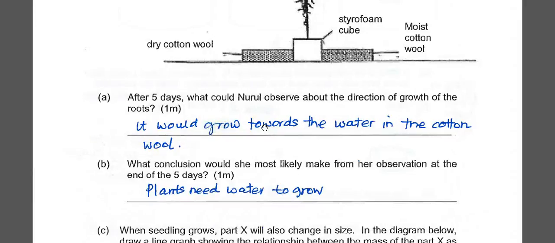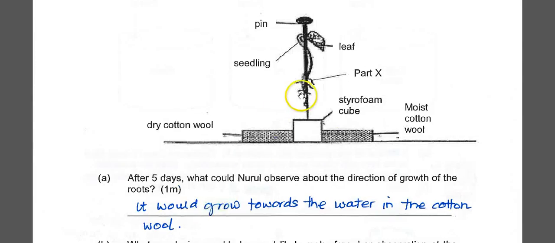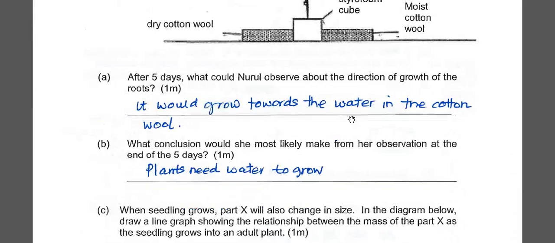Now, what conclusion was she most likely to make from her observation at the end of 5 days? At the end of 5 days, she's expected to see the roots growing towards the side, towards the water. She can safely conclude that plants need water to grow, to survive. That is why it's heading towards the water.